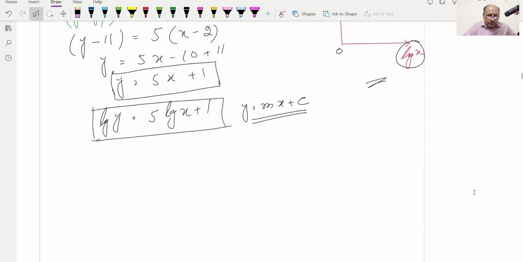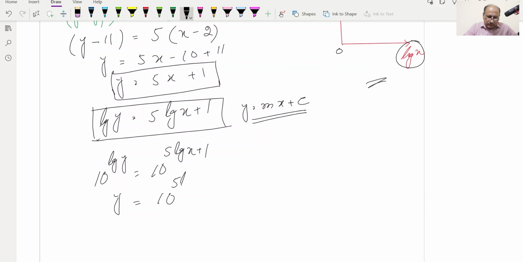So now what we can do, we can take power 10, base 10 for this one. So 10 to the power on both sides, so it will be 10 raised to log y is equal to 10 raised to 5 log x plus 1. Now we know that this is equal to y, so we will write this side as y is equal to 10 raised to the power 5 log x plus 1.